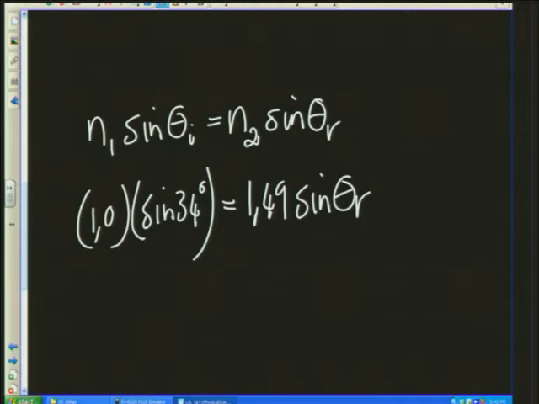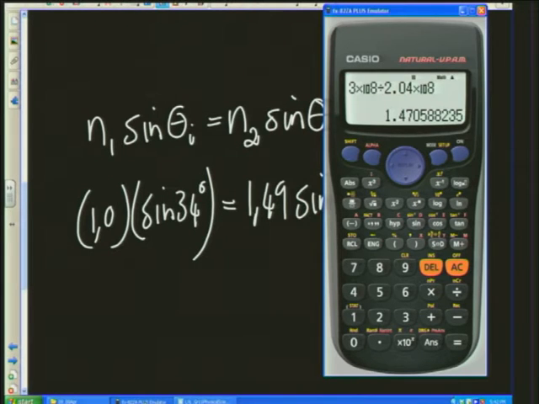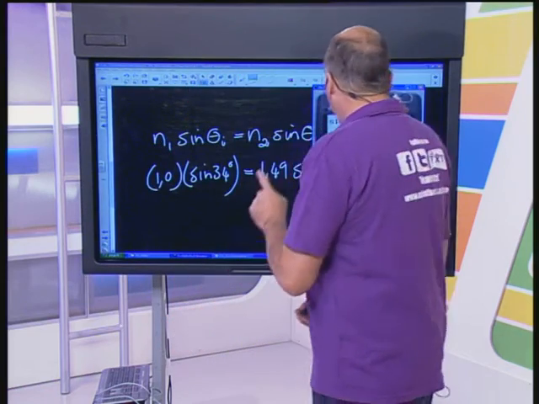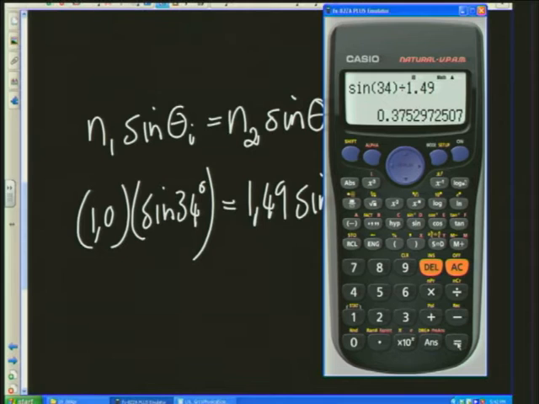So let's get up the calculator, clear that, and we're going to say, first of all, we're going to take the sine of 34 degrees. And then we're going to divide by 1,49, and we're going to say that is equal to the sine of the angle of refraction. So what I now need is to take the inverse of that to get me the angle.